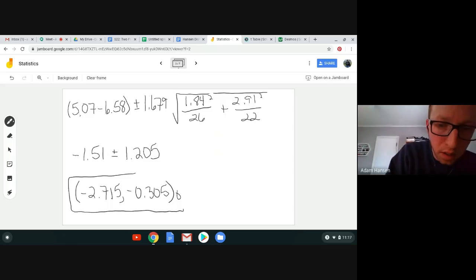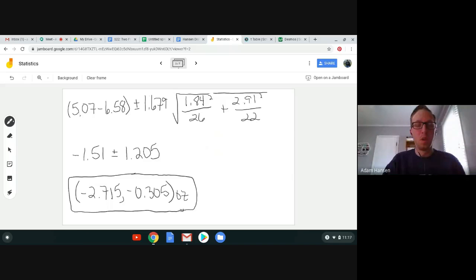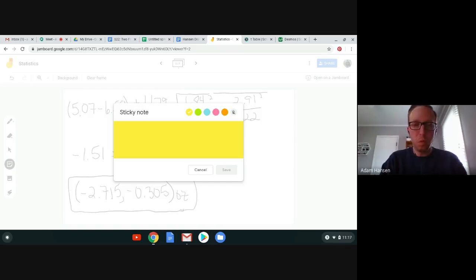And that is in ounces. For our interpretation, we are 90% confident that the small bowls of ice cream contain between 2.715 ounces to 0.305 ounces less ice cream than the large bowls.